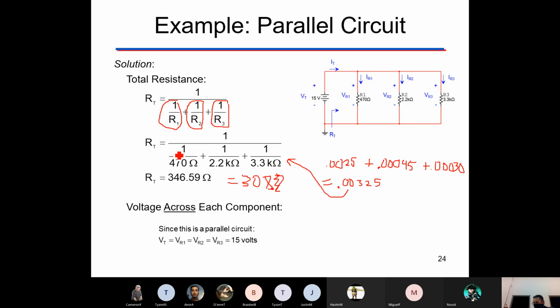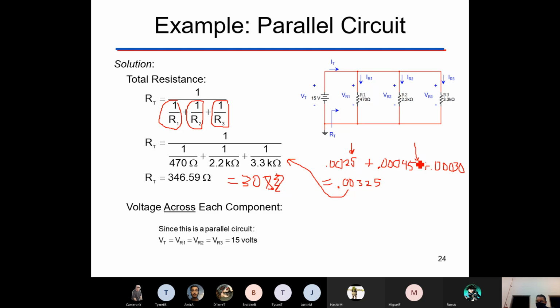It's probably somewhere in this area, because 1 over 470 does not look like it would be 0.0025. It's actually 0.0021. So this number here would be incorrect, which is going to throw your numbers off.